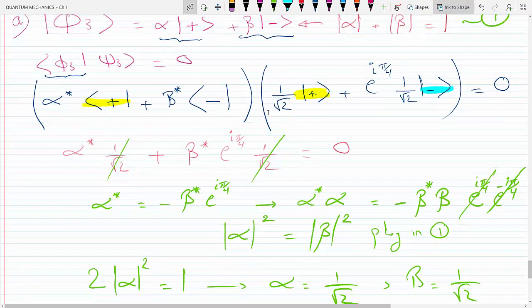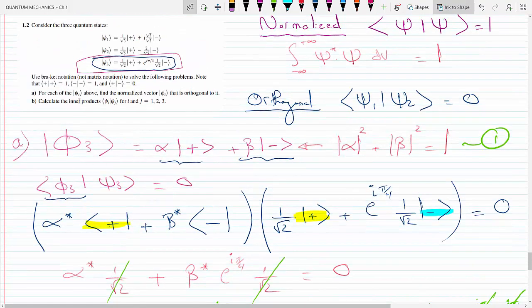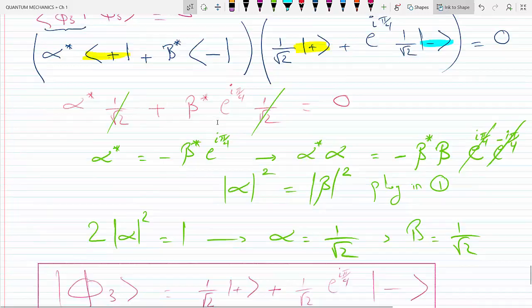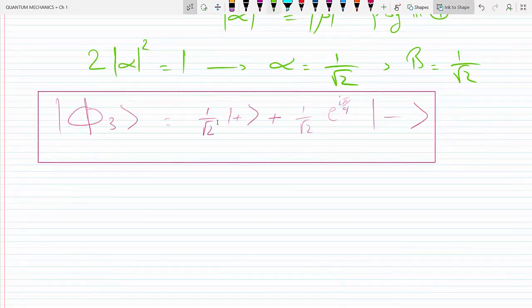Part B is: for each psi i above, find the normalized vector. We did that. Then find the inner product psi i, psi j for j equals 1, 2, 3. That's very simple, and it's sort of what we did.